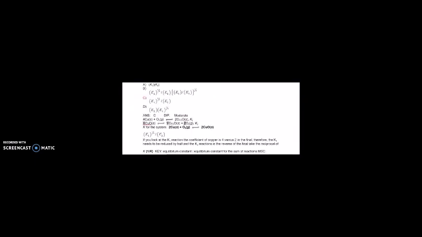So for 23, the correct answer is letter C. So if you look at the K1 reaction, the coefficient of copper is 4 versus 2 in the final. Therefore, the K1 needs to be reduced by half, and the K2 reaction is the reverse of the final.